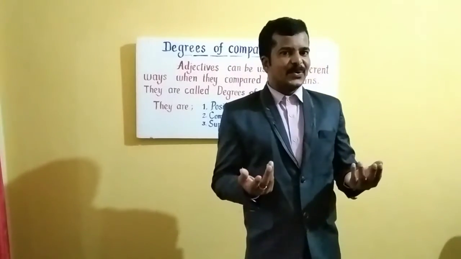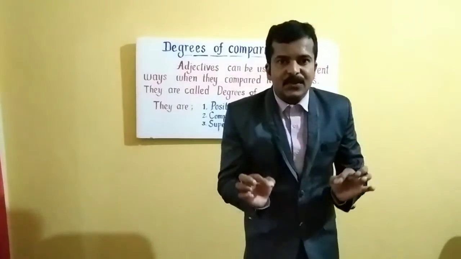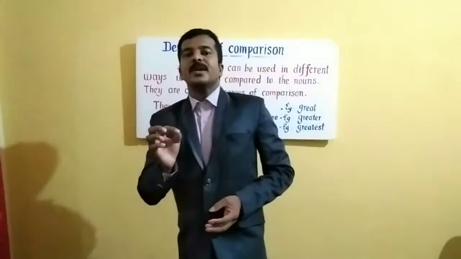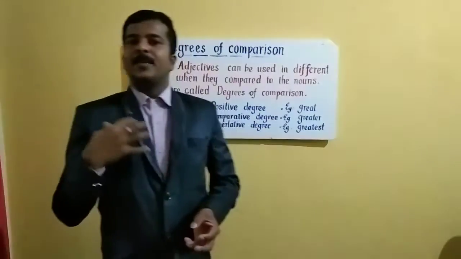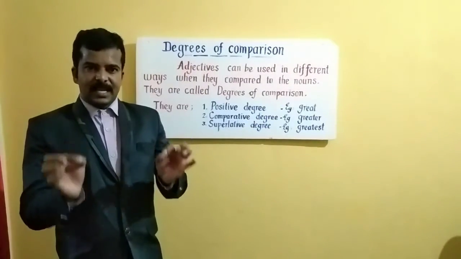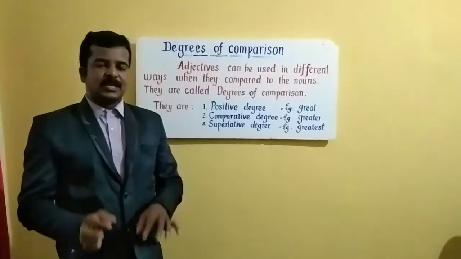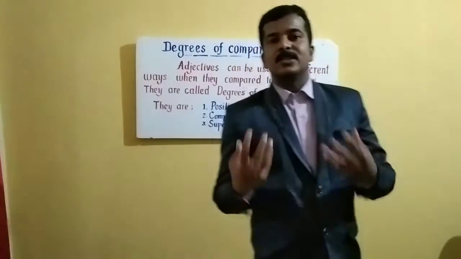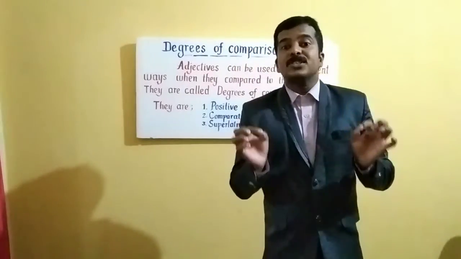So how can we do it? If the adjective has more than one syllable, add more in the comparative degree and most in the superlative degree. For example, beautiful is the positive form of the adjective. The comparative form is more beautiful, and the superlative form is most beautiful.